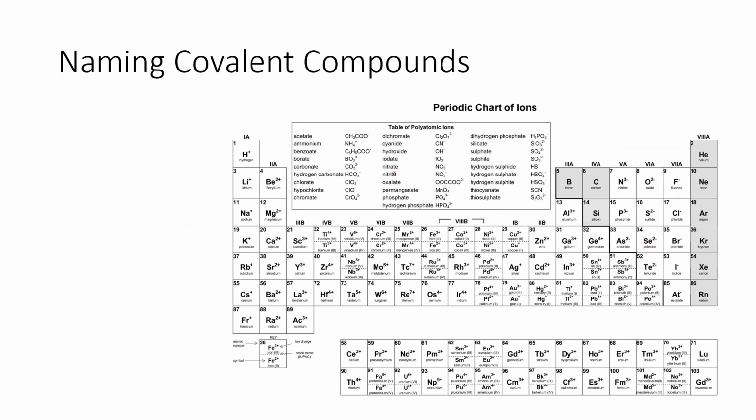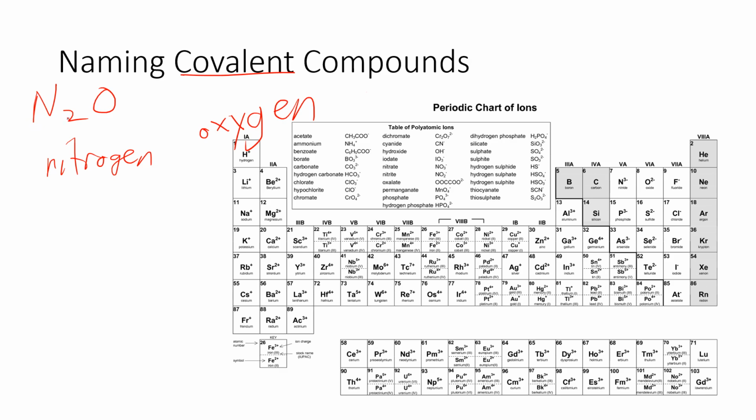So when we have 2 nonmetals, we know we're naming them covalently. The example I use: dinitrogen monoxide. You first have the first element and the second element. That hasn't changed, except when you're writing the second element, you don't add the IDE, because like I said, it's not an ion.